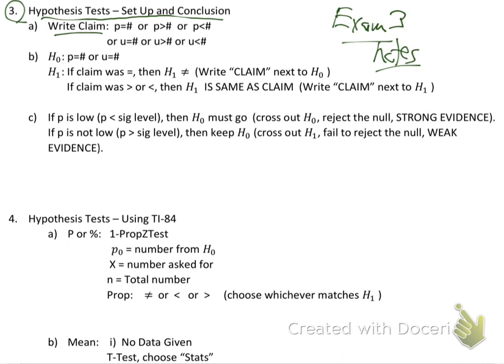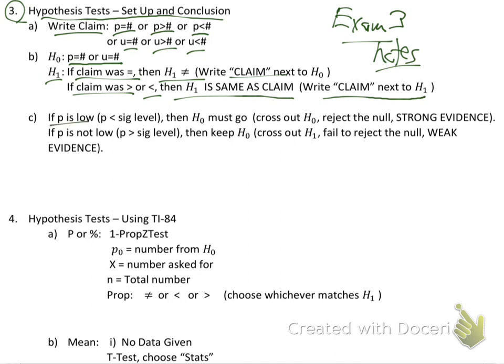It says you write the claim, P equals, greater or less, or mu equal, greater or less. And then you write the null, which is always equal. And H1: if the claim was equals, then H1 is not equals, and write claim next to it. If the claim was greater than or less than, then H1 is the same as the claim, write claim next to H1.